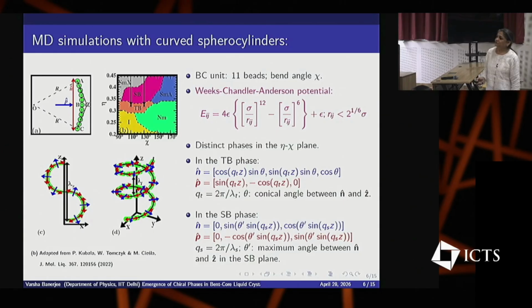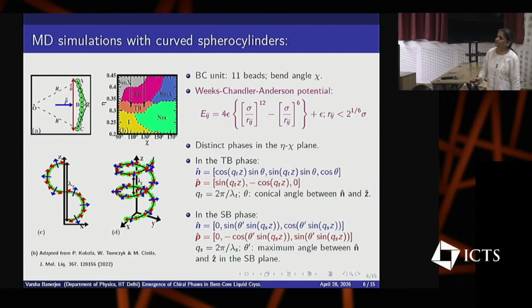This is the isotropic phase. You have the nematic phase where everything is aligned straight. In the smectic phase, you will have layers, which have a certain arrangement. Then you have the twist bend phase, which is something like this. You have the splay bend phase, which is something like this, and this is another kind of smectic phase.